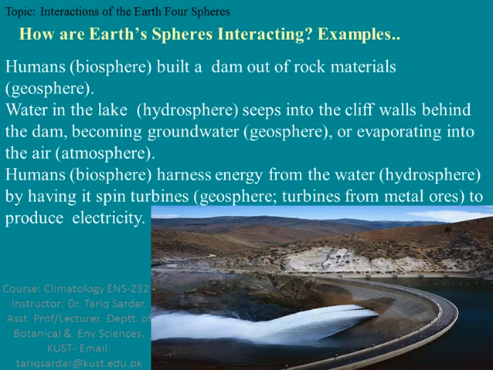Humans rely on energy and matter; it is solely the system of energy and matter. From the hydrosphere, water turns the turbines, and from the geosphere, metal ores are used to produce electricity; that is the geosphere and biosphere interaction.